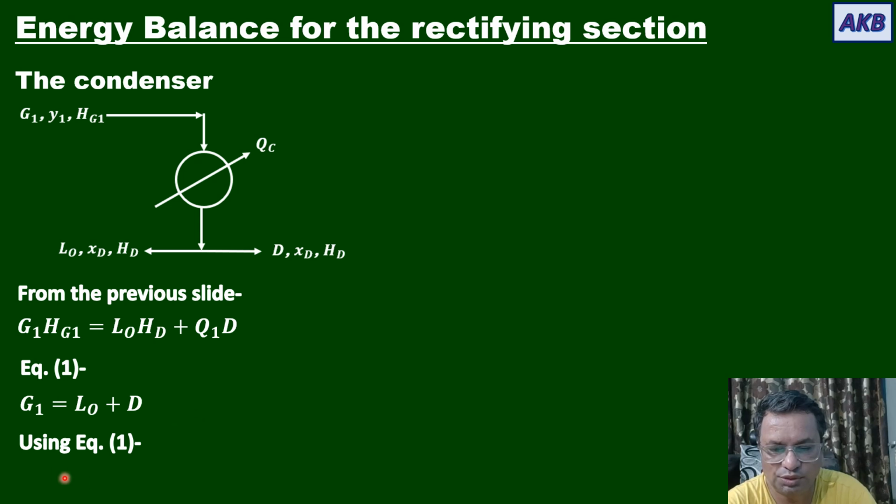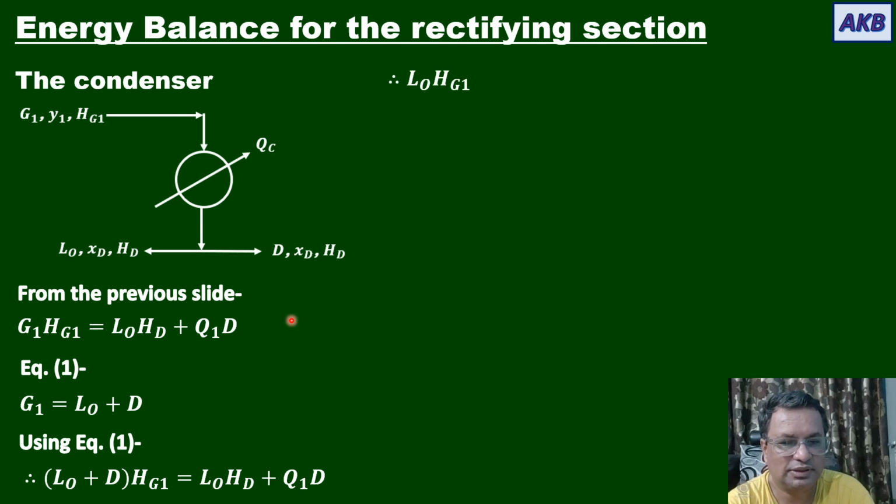We will use equation 1 in the above equation, so G1 is replaced with L0 plus D. So (L0 plus D) into Hg1 is equal to L0 HD plus Q1 into D.